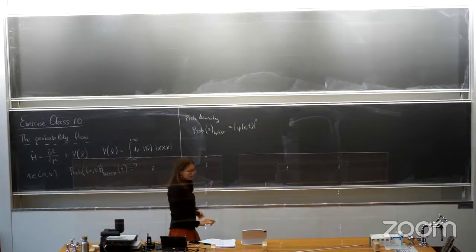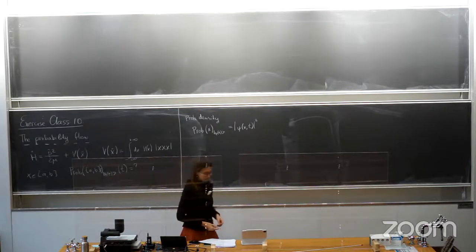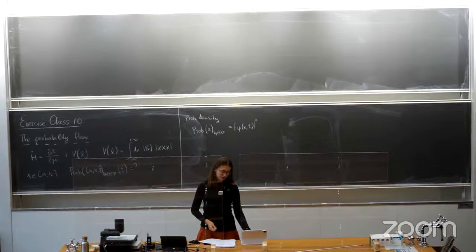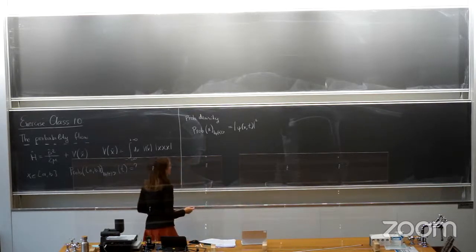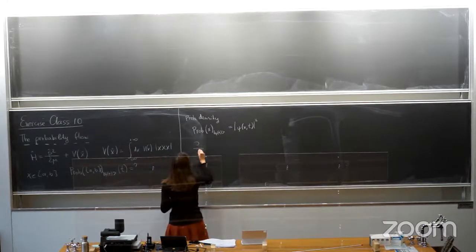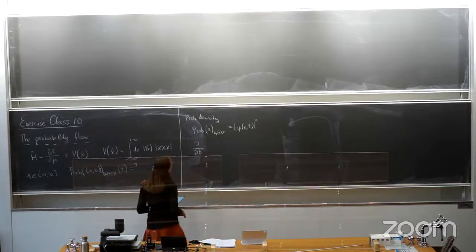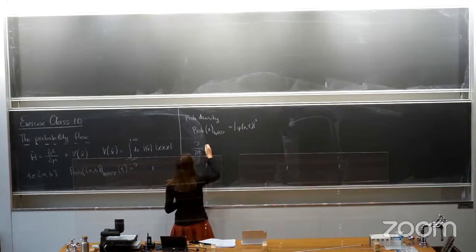And the first thing that we're going to show is how this probability density changes with time. So for this, we just need to take the partial derivative of this density with respect to time t.